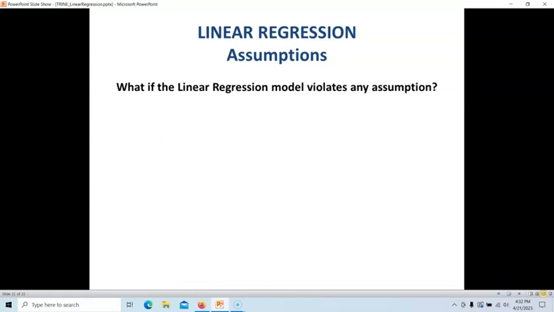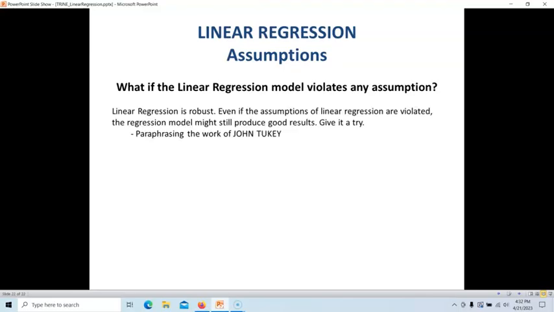So what if your model violates one of these assumptions, like multicollinearity, or it violates the linear assumption, or whatever? What if your model violates the assumption? Well, you can still use it. Now, let's look at a famous statistician named John Tukey.